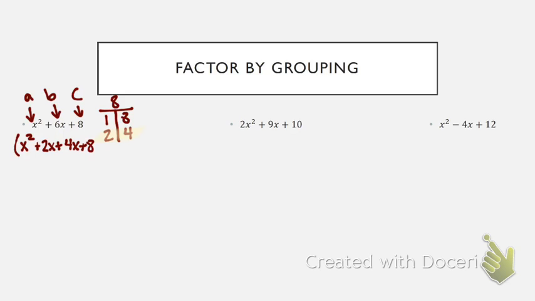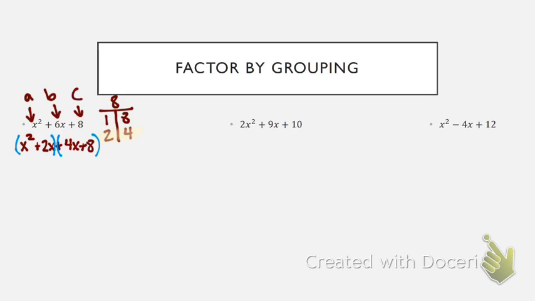Then it tells me to group the first two and second two terms, and then factor out the GCF only in each set of parentheses. My first set of parentheses is x squared plus 2x. I need to factor out what they both have in common.